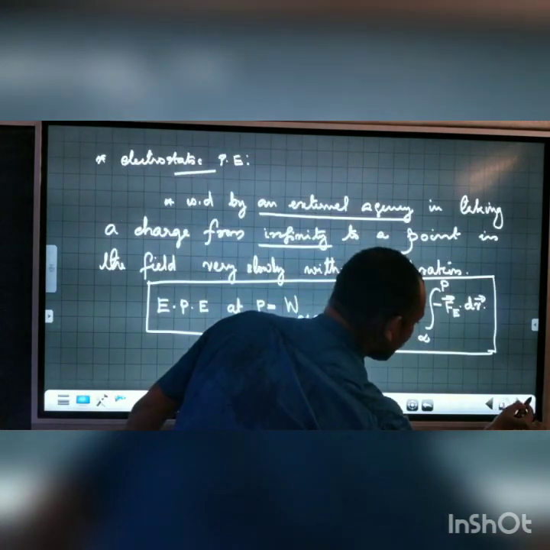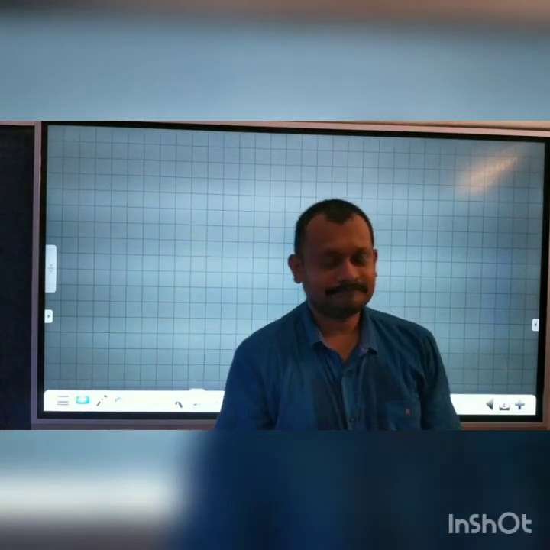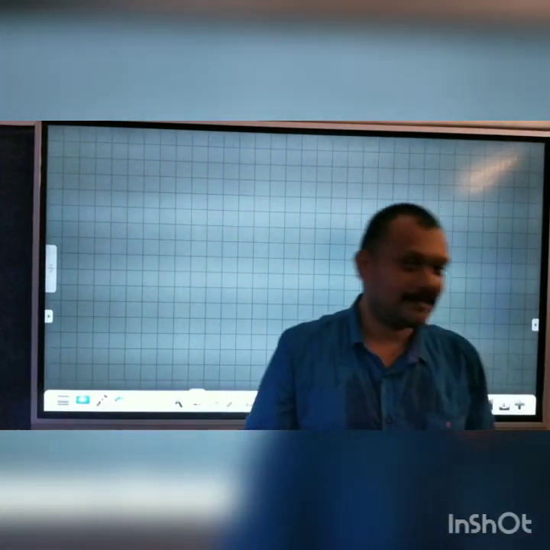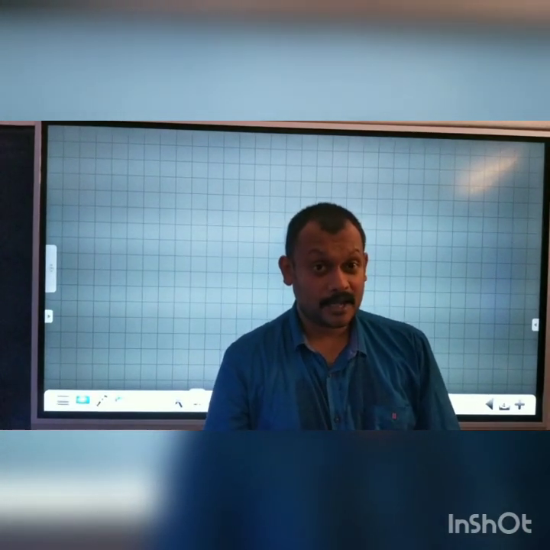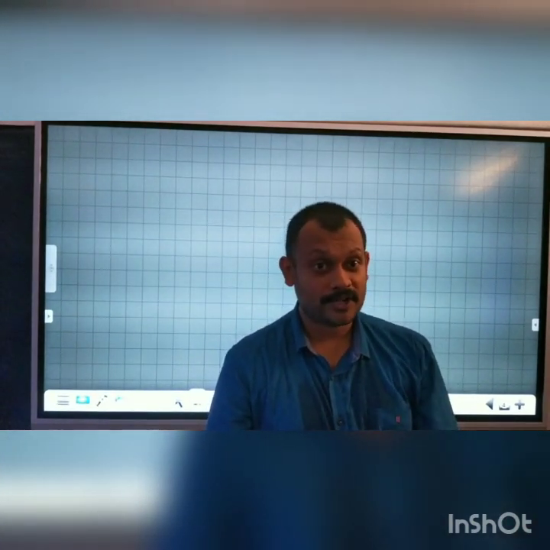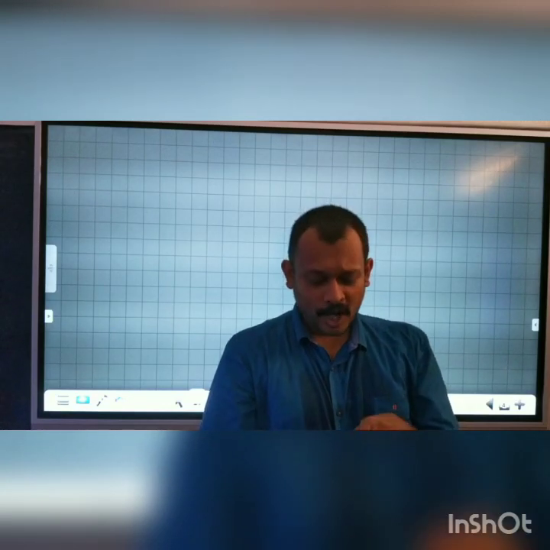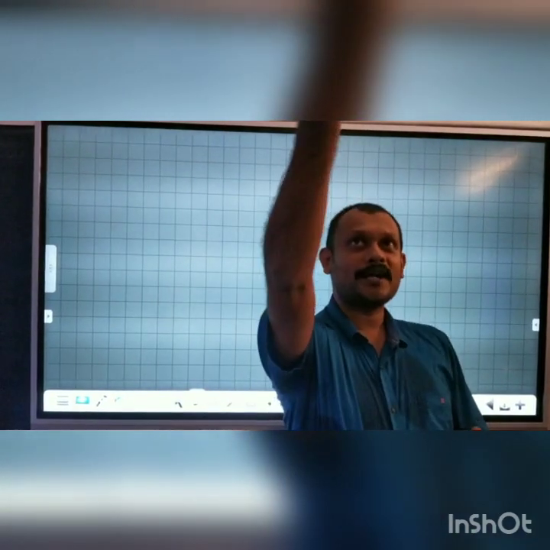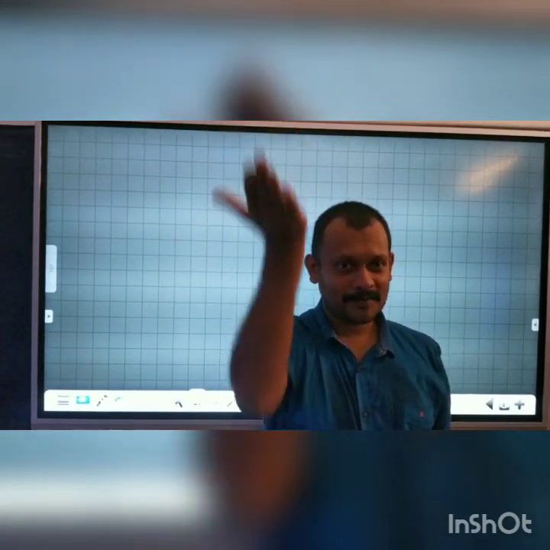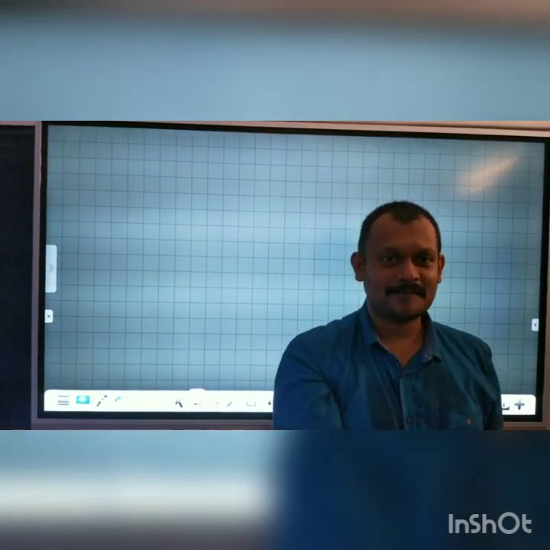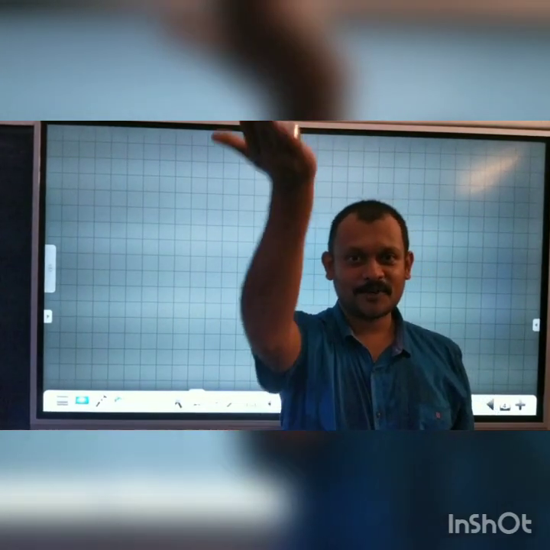Now, I would like to take your attention to a very important point. Okay, I have a log in front of me. What about the work done in the direction of the external field? This will reduce the potential energy. Now, if I take this log upwards, what happens to its potential energy?